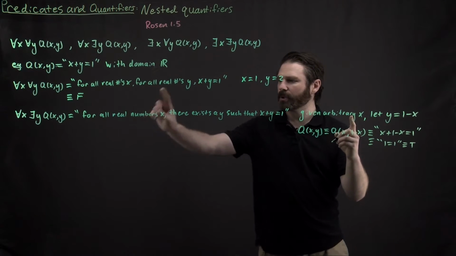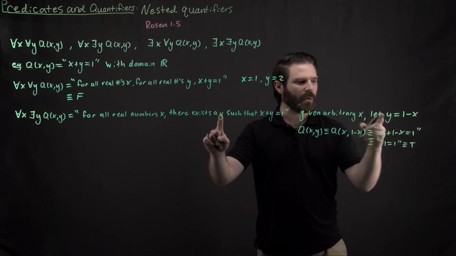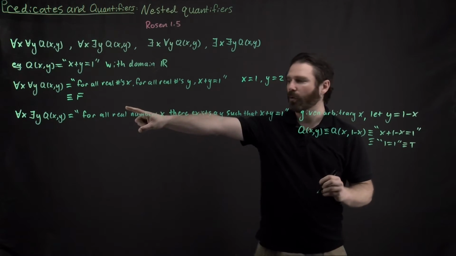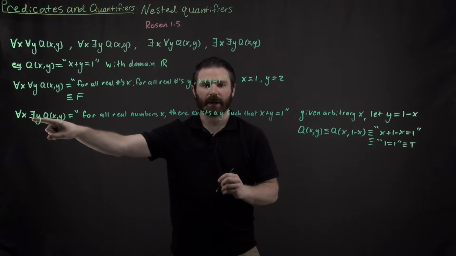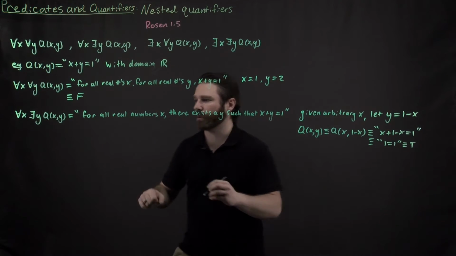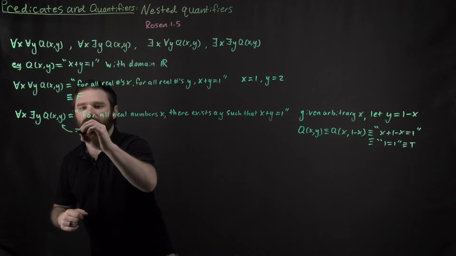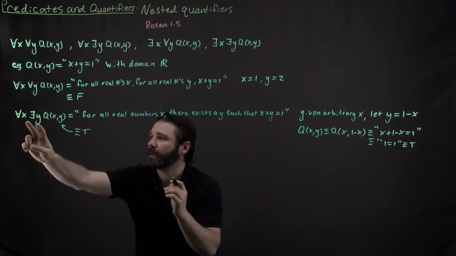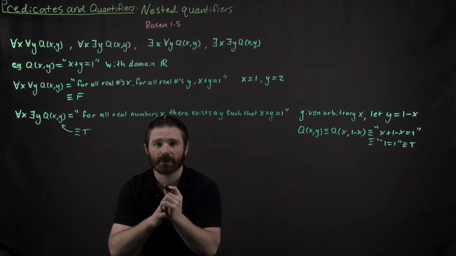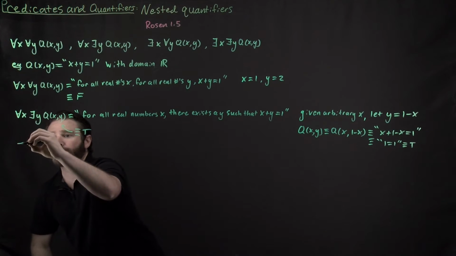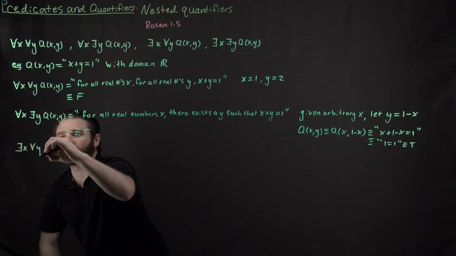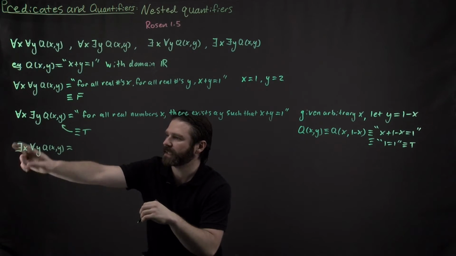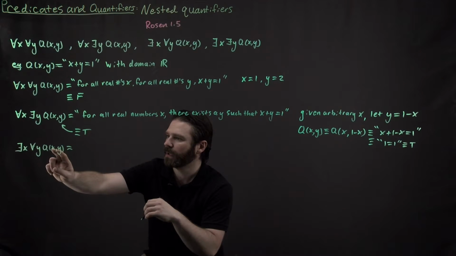So given an arbitrary x, I have found you a y that makes my propositional function true. Therefore, this nested quantifier right here, this is true. So this thing right here is logically equivalent to true. On the flip side, let's go ahead and flip the existential and universal quantifier and consider there exists an x such that for every y, q of x and y.